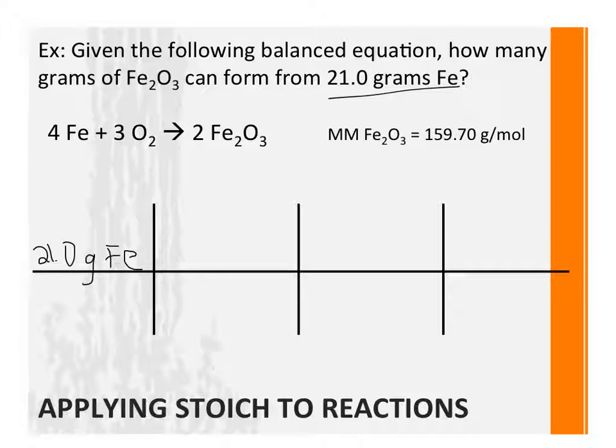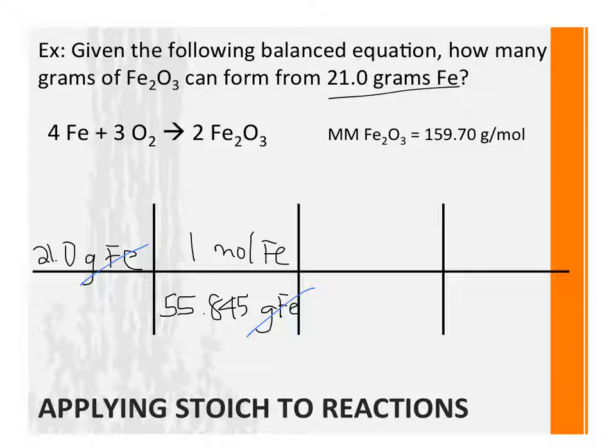If we remember back to when we had the periodic table square on the slide, 1 mole of iron was equal to 55.845 grams of iron. And that, again, is just the molar mass of iron. And I've selected to put 55.845 on the bottom so that grams of iron will cancel. Okay, so now I'm in moles of iron.